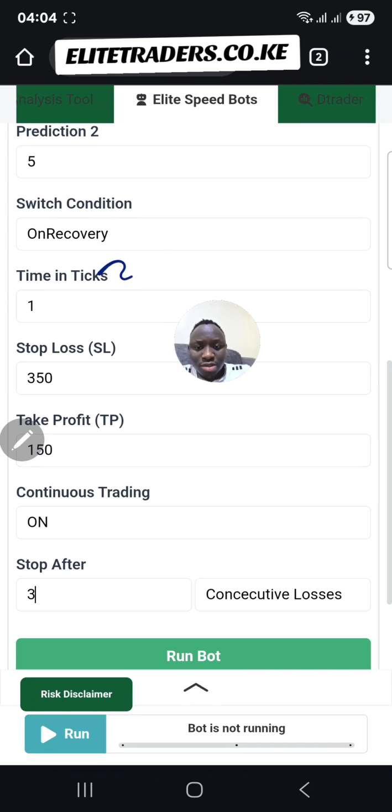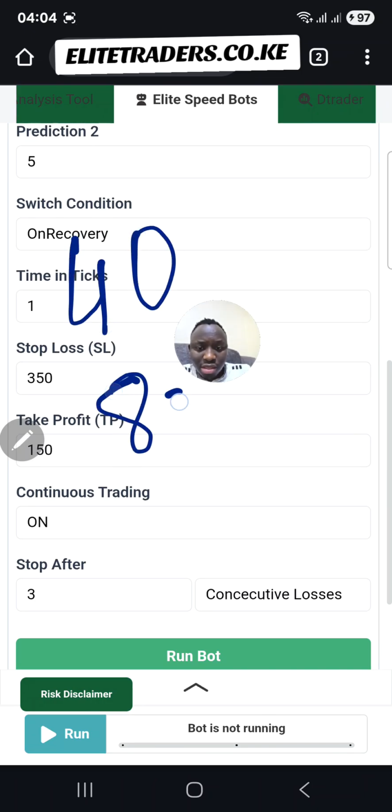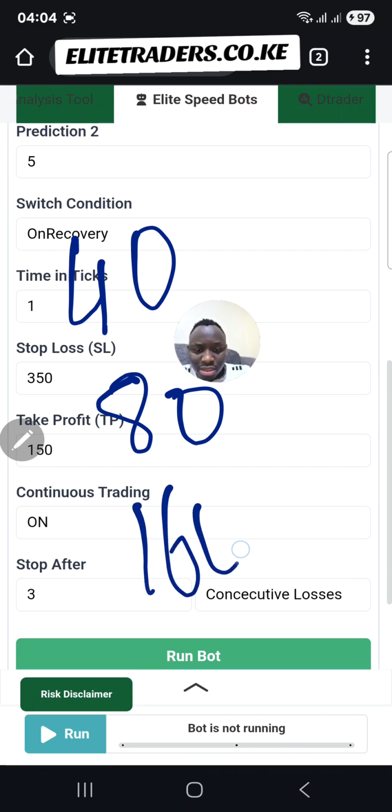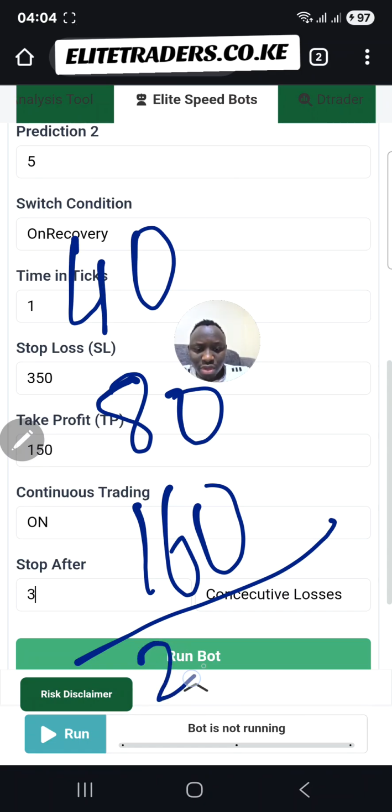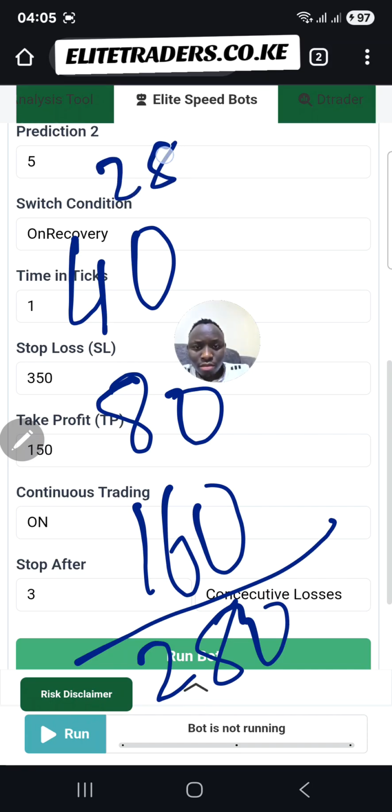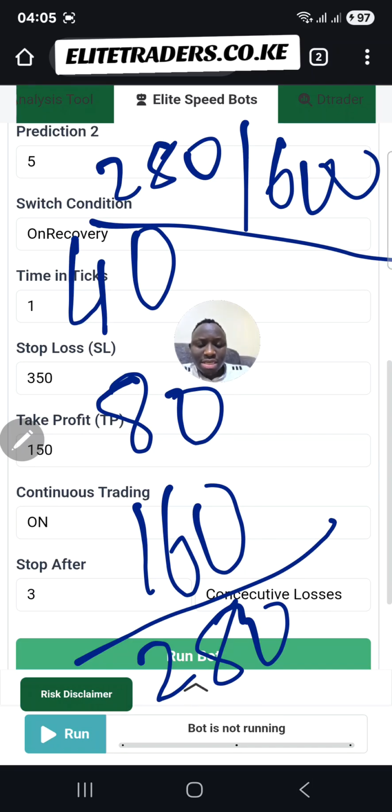Our first loss is 40, our second one is 80, the other one is 160. How much is this? This is 120. 120 plus 160, I think that's 280. 280 to an account of 600. So we are risking almost half of the account. I think that makes sense.